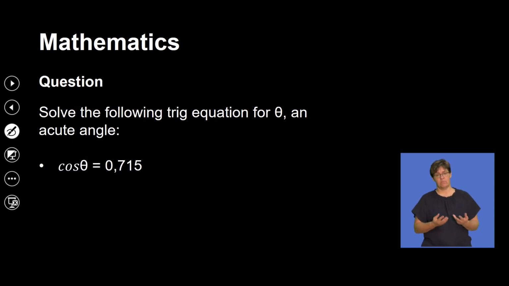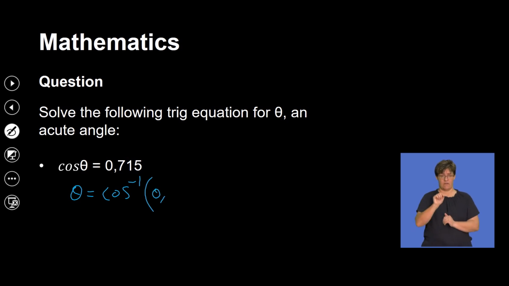Now, let's solve the following trig ratios. You are solving for theta if theta is an acute angle. Remember that with this one, I said theta is equal to cos to the -1 of the ratio 0,715, and then you press your equal sign, right?